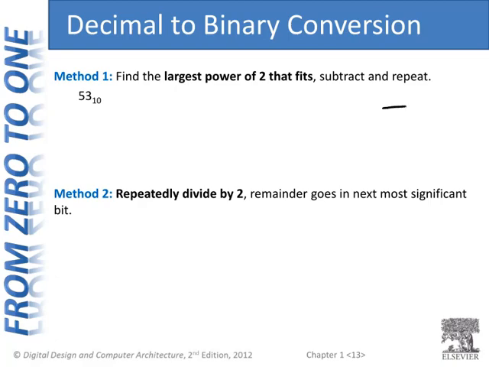So we have the 1s column, 2s column, 4s column, 8s column, 16s column, 32s column. We're not going to have a 1 in the 64s column, because that would make it too big. If you had a 1 there, now it's a number that's 64 or larger. So 32 is the highest value that we need to go to, and we'll put a 1 in that place.